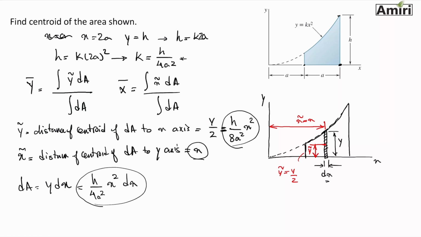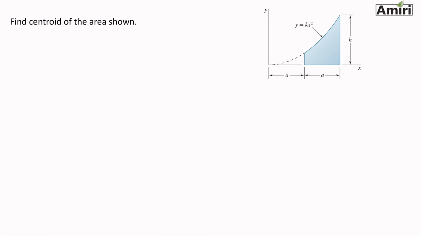All right, so I have these three. All I have to do is plug them into the integral and do the integration. Let's do y tilde dA. If I replace it, it's going to be h over 8a squared x squared.